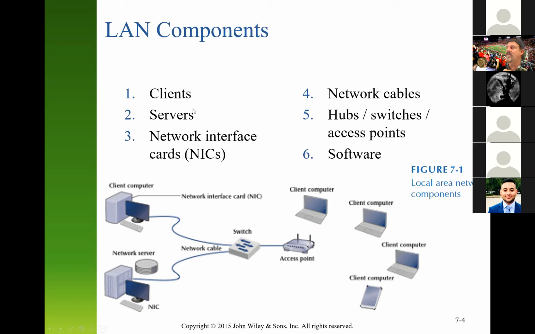They are not clients, they are not servers. There's something in the middle that helps glue these two guys together. And then finally, you have the networking software, which used to be separate software that you would purchase and put on your client computers and your server computers. But these days, it's usually built into the operating system.